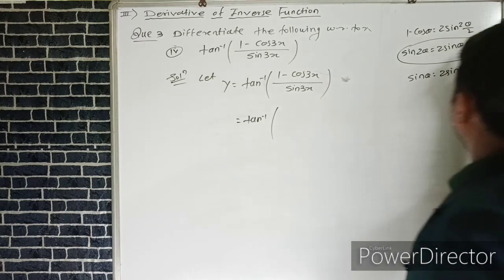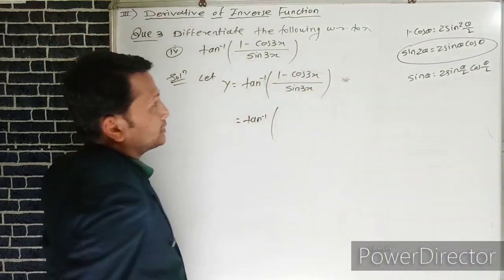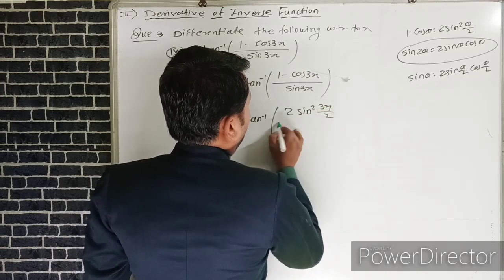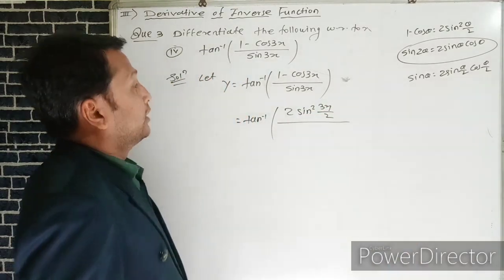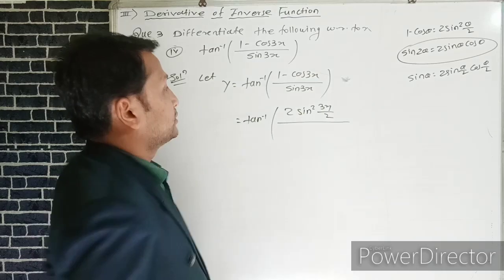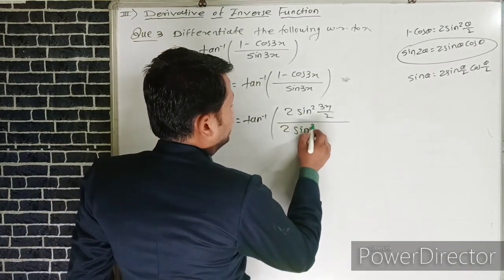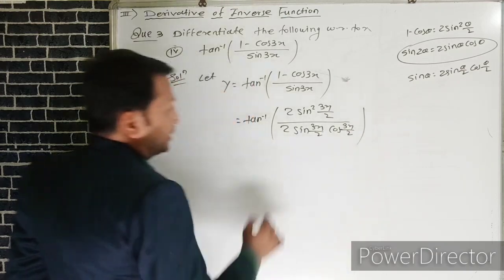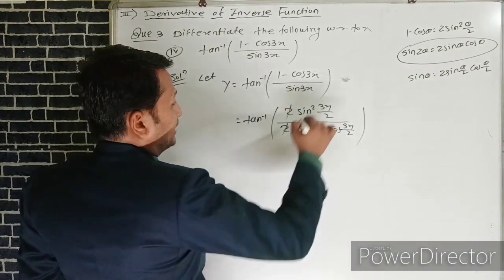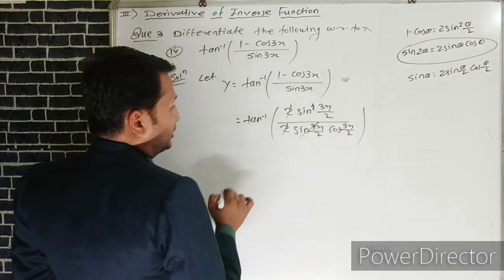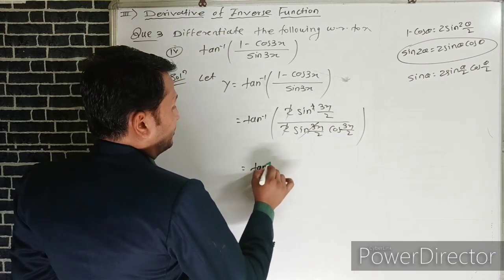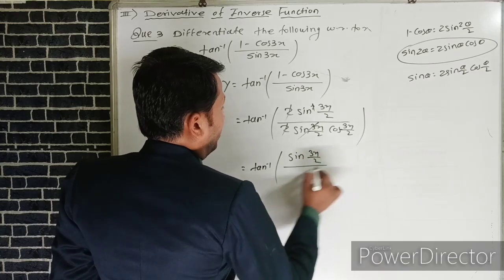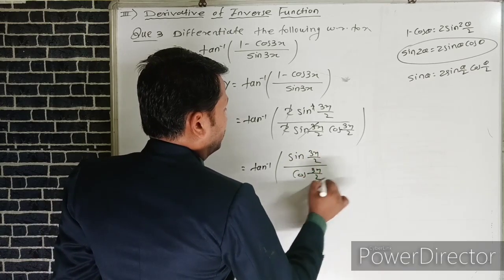By using these two rules, we can write 1 minus cos 3x as 2 sin square 3x upon 2, and sin 3x as 2 sin of 3x upon 2 into cos of 3x upon 2. Here 2 is cancelled, sin square cancels, and sin of 3x by 2 is cancelled, hence the remaining terms are sin of 3x upon 2 upon cos of 3x upon 2.